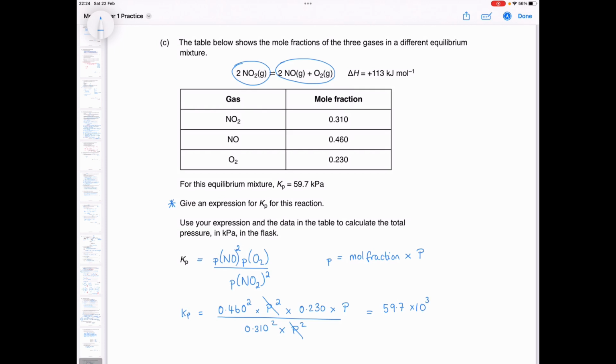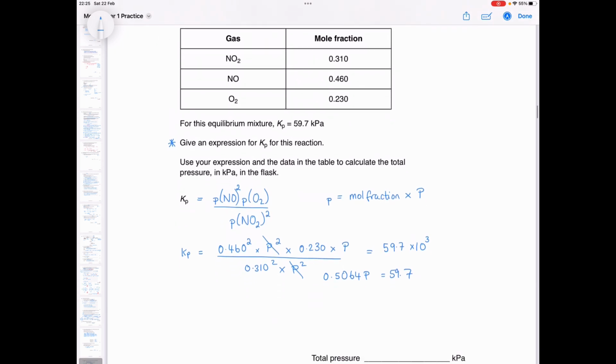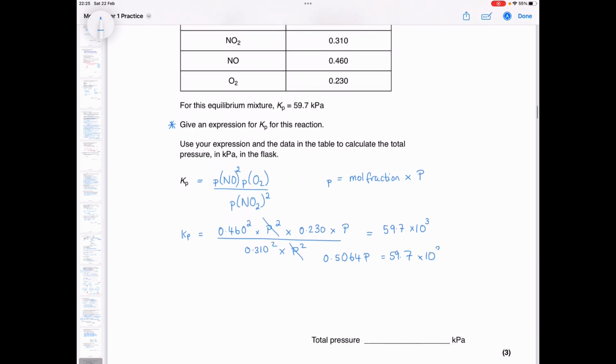And so we can now start to calculate this expression. So I'm going to do the numbers first. So I've got 0.460 squared times 0.230, and then I'm going to divide through by 0.310 squared, and so I get a value of 0.506 for P is equal to 59.7 times 10 to the 3.